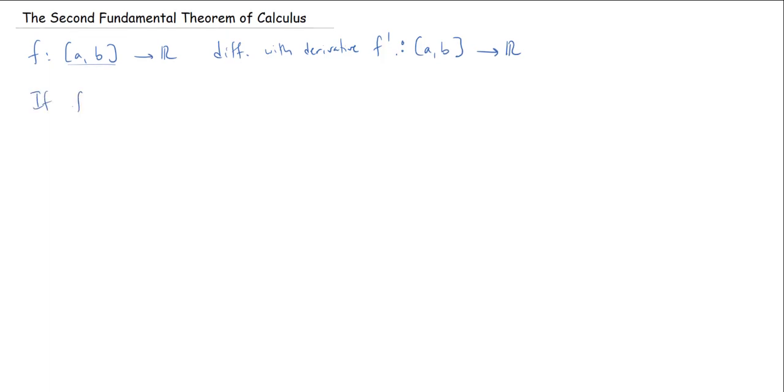If f prime is integrable, then the integral of f prime on the interval [a, b] is the net difference of this original function f on the interval [a, b]. Or if you like, and this is the way you normally would see this, if you're trying to integrate some function and you know it has an antiderivative, then you can evaluate the integral by just evaluating the antiderivative on the endpoints and computing the net difference.